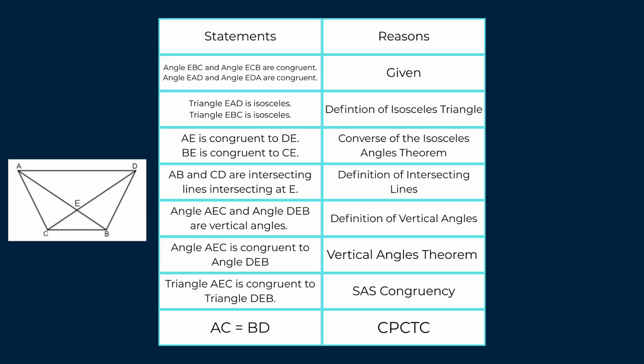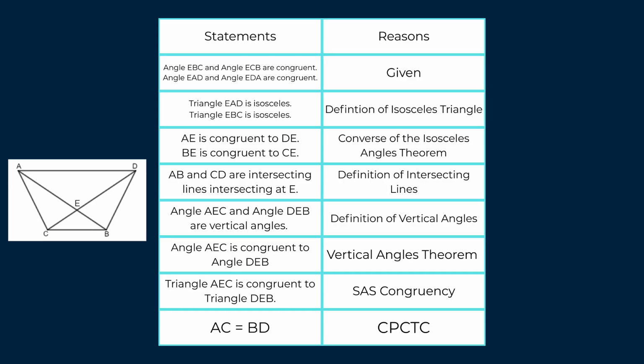That means that angle AEC and angle DEB are vertical angles. That's the definition of vertical angles. And when two lines intersect, they make vertical angles, as we've discussed before. By the vertical angles theorem, angle AEC is congruent to angle DEB, and now we have everything to prove these two triangles congruent.